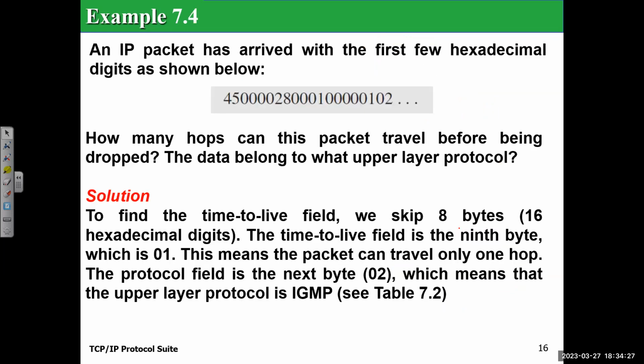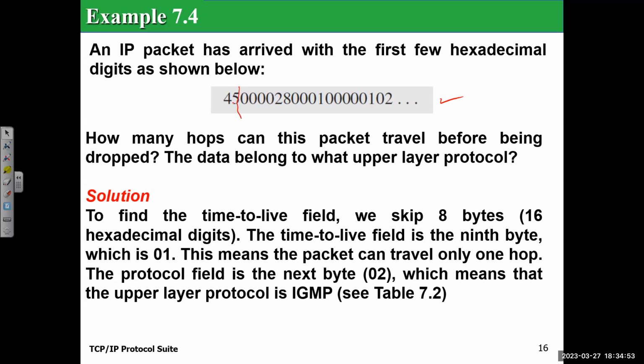All right, another example. We received this packet, and remember, it's coming in hexadecimal. In hexadecimal, how many bits for each number? 4. Perfect. So if you want to divide it into bytes to find the field we are looking for, these two numbers represent 1 byte, correct?